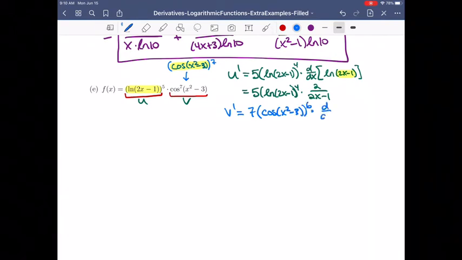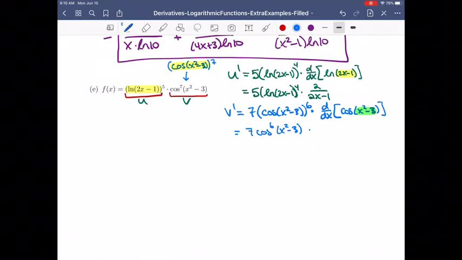And then I'm going to have to times by the derivative of the inner portion. Now I have another inner portion, so I'm using the chain rule again when I take this derivative. So it's 7 cos to the power 6.